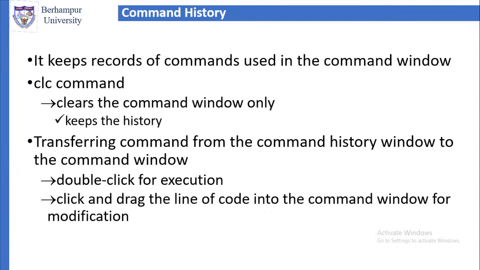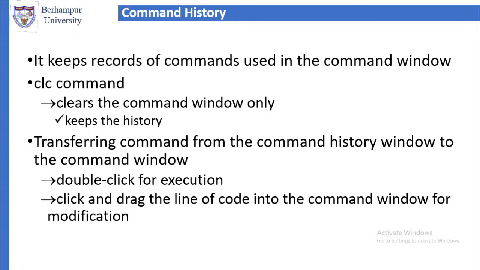Now if you want to transfer a command from the command history window to the command window, you have to use the up arrow key or down arrow key. Once it appears in the command window beside the command prompt, you can press enter.